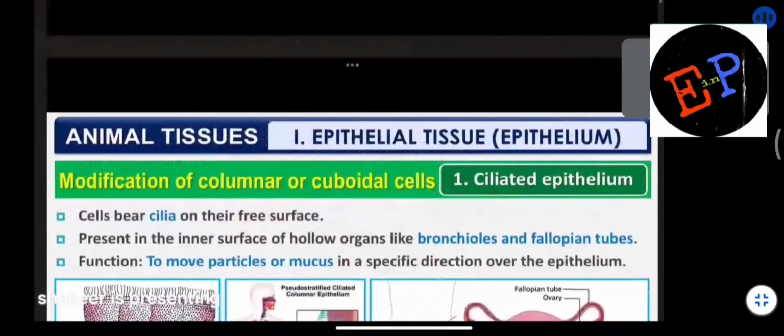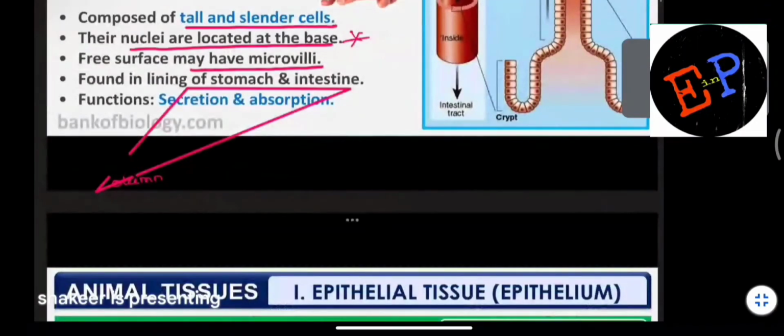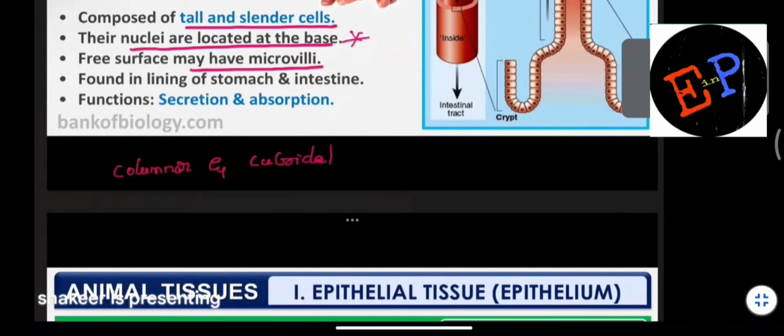So therefore here what we write, columnar and cuboidal epithelium are modified into two types.